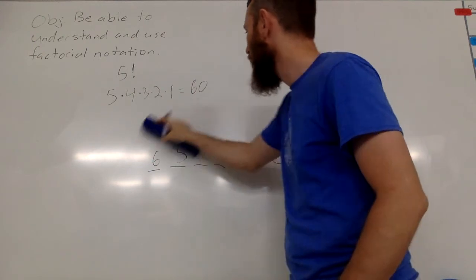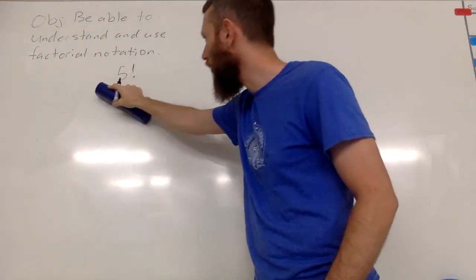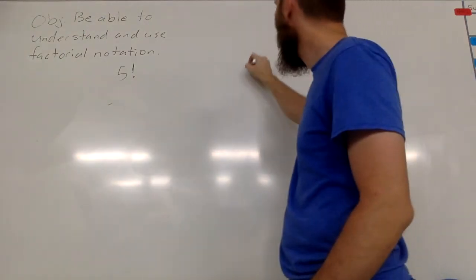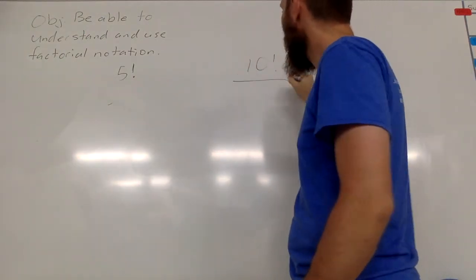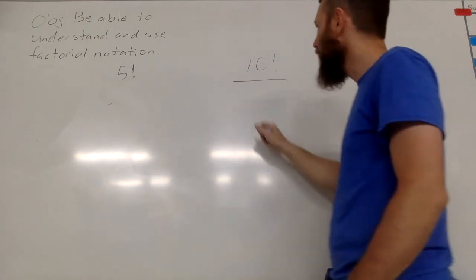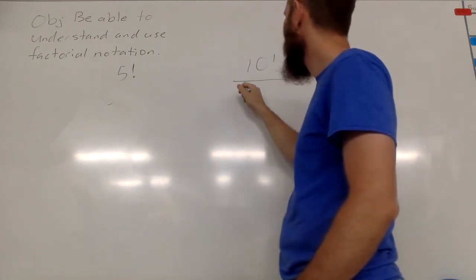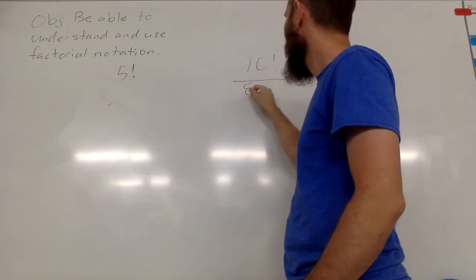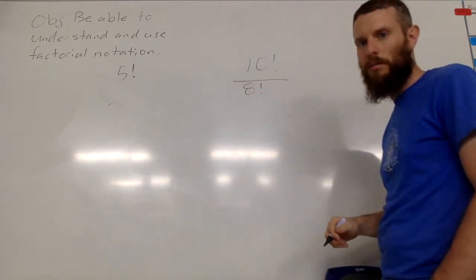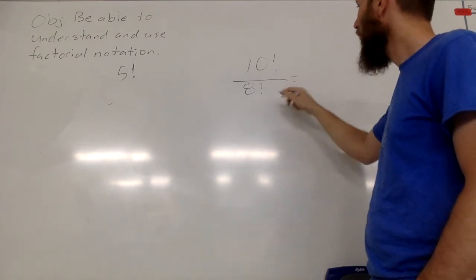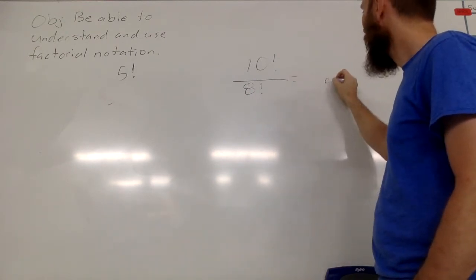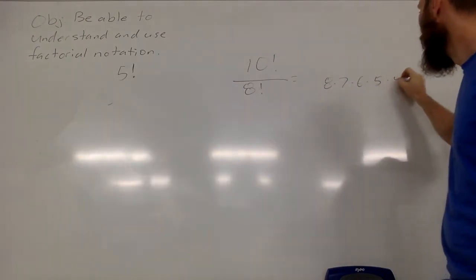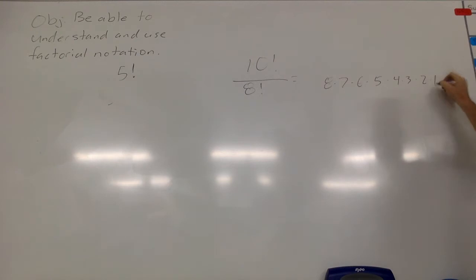And then another place you will see factorial notation is when you're solving permutations and combinations. Sometimes you have, for example, 10 factorial on top, and let's say you have, after you simplify, 8 factorial on the bottom, just for example, right? So we know that 8 factorial is 8 times 7 times 6 times 5 times 4 times 3 times 2 times 1, okay?